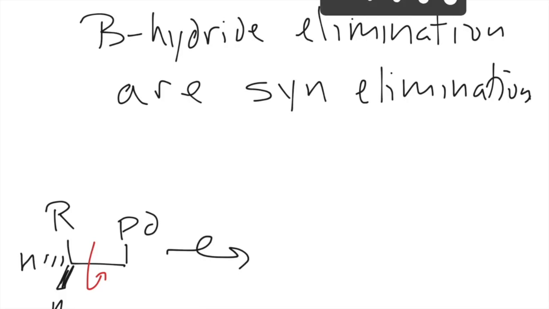The reason it's called beta hydride elimination is that if the palladium is on the alpha carbon, you're taking the hydrogen off the beta carbon, which is one carbon over, right?